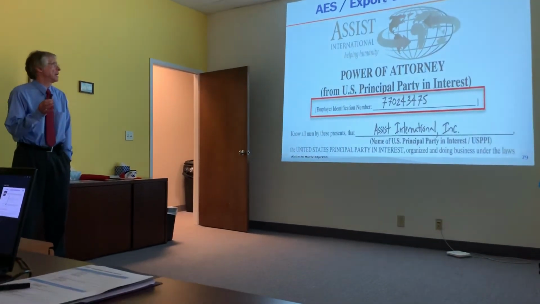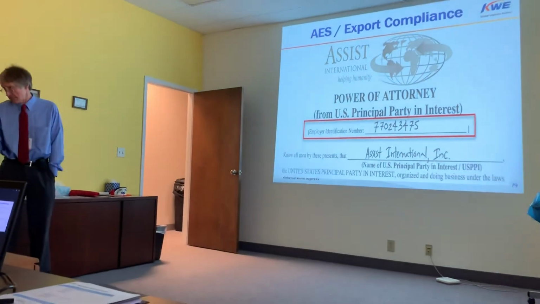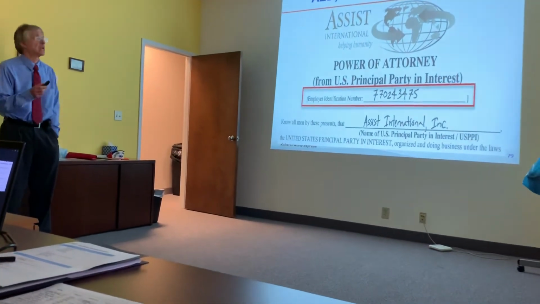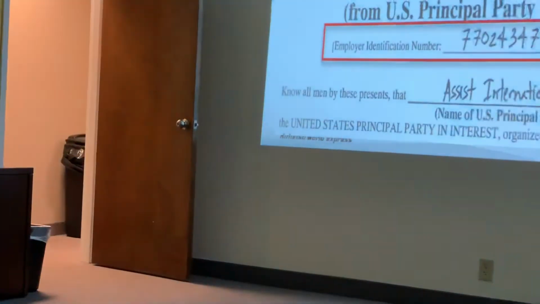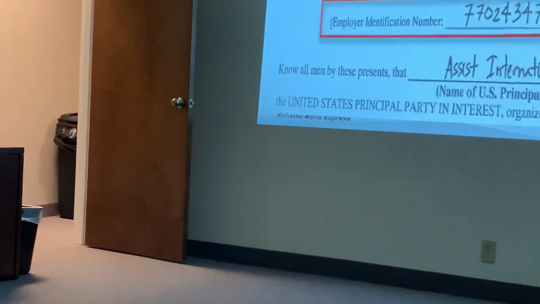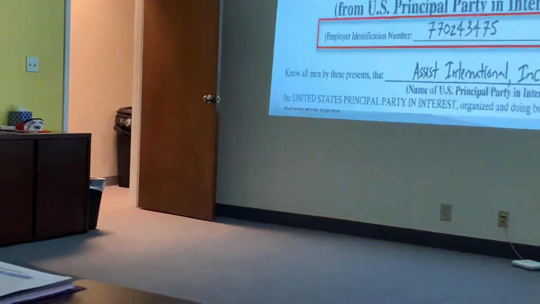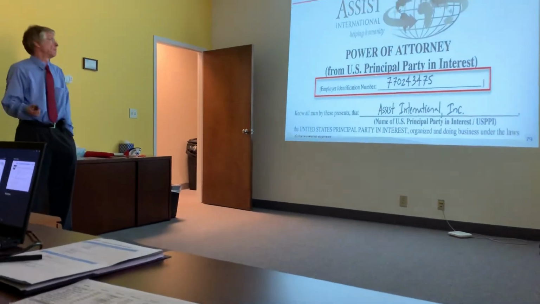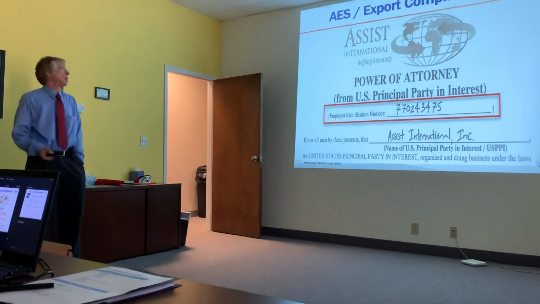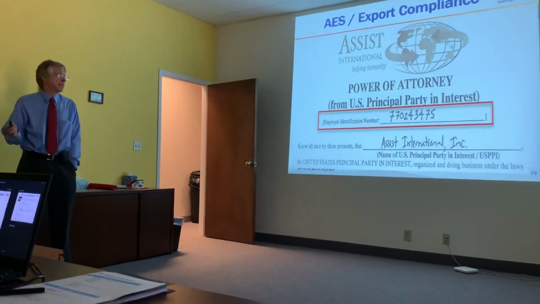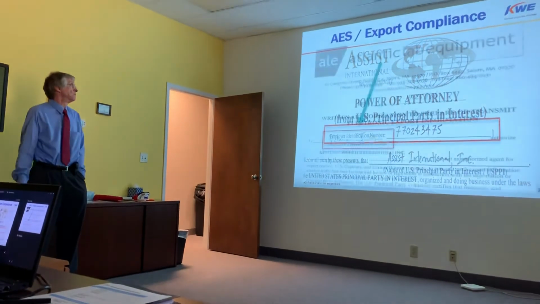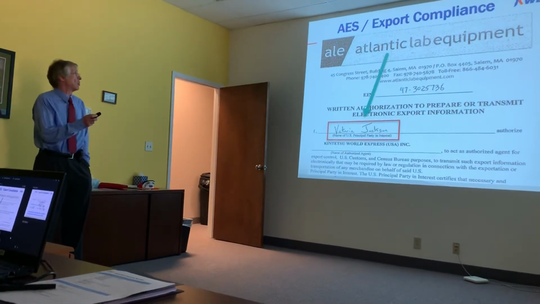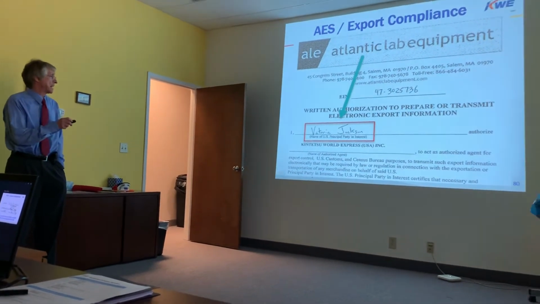Now, we have boilerplates of these documents posted on the intranet, on the Forms Center. And you'll notice that we have a space there for the EIN for USPPIs. We like to get the EIN because that uniquely identifies that customer. Now this one wasn't filled out exactly right.